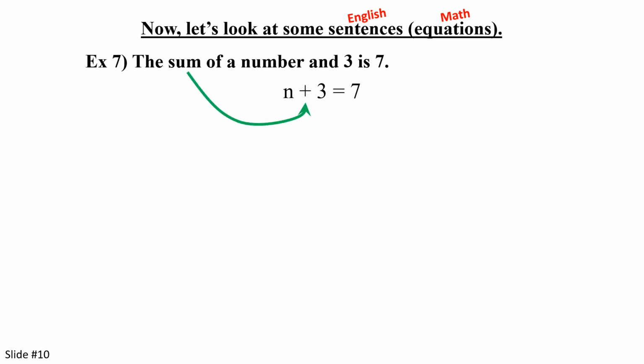So the sum means I'm going to be adding something, of a number and 3, so n plus 3, means it equals, and 7. So the sum of a number and 3 is 7 is n plus 3 equals 7.